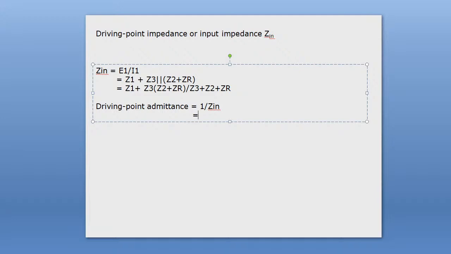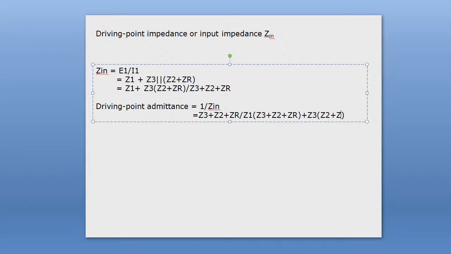You just multiply Z1 into Z3, and you will get the ultimate (Z3 plus Z2 plus ZR) divided by Z1 into (Z3 plus Z2 plus ZR) plus Z3 into (Z2 plus ZR).